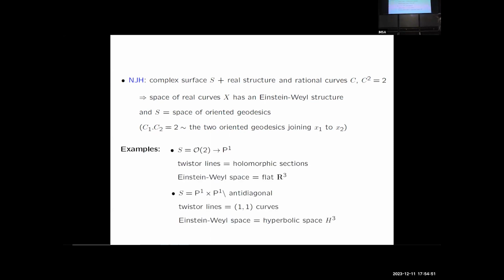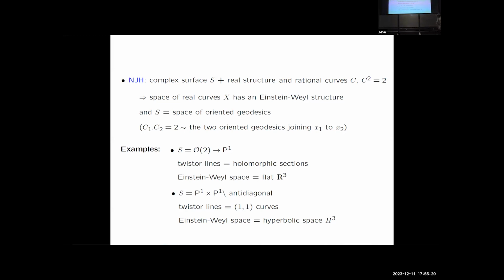The standard examples here were the total space of O(2) over P1, which is obtained by dividing out O(1) plus O(1), which is the space of R4, by an action, not a singular action, but a translation action. And that gives you the flat R3, and the quadric here, if you divide out, you get hyperbolic space.